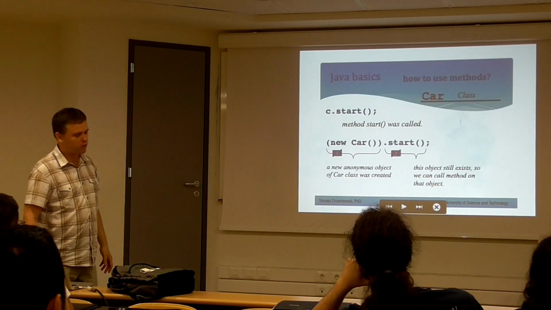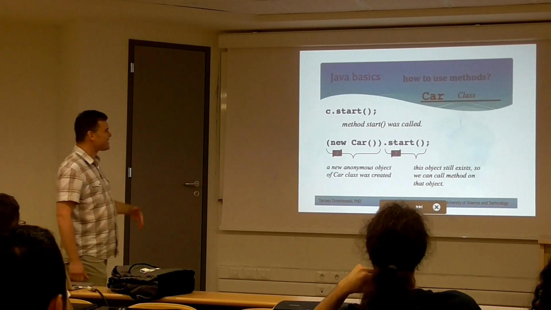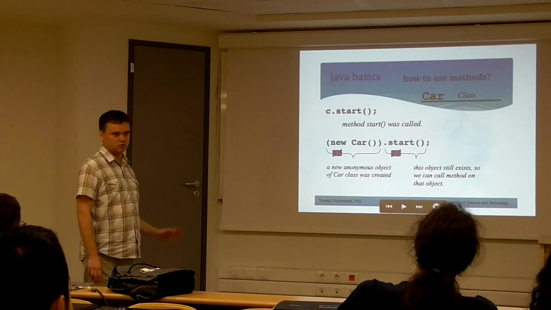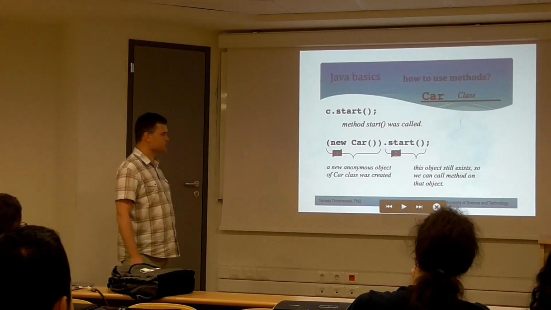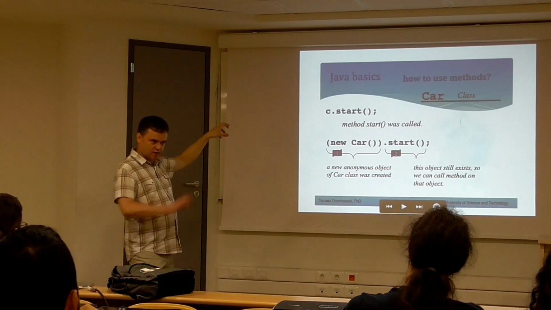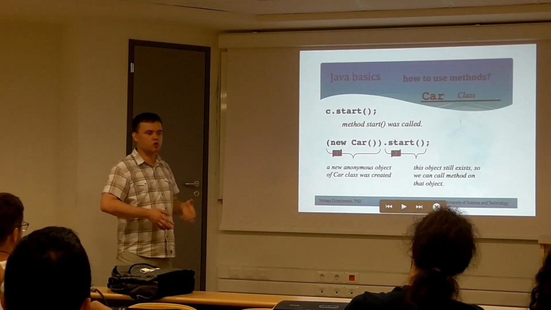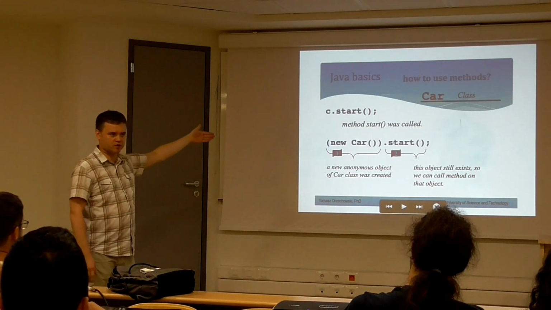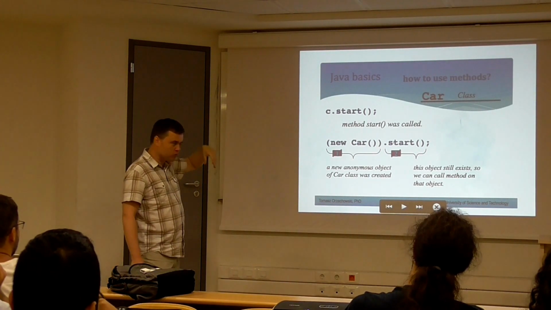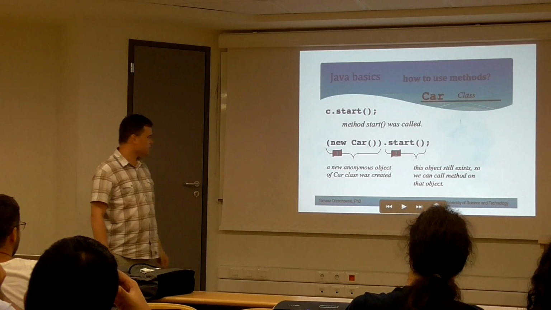Methods must be called only on an object, of course, if it's not static. So c is just a reference associated with an object. We can simply call it the object. So we can use the start method, called on the c object.